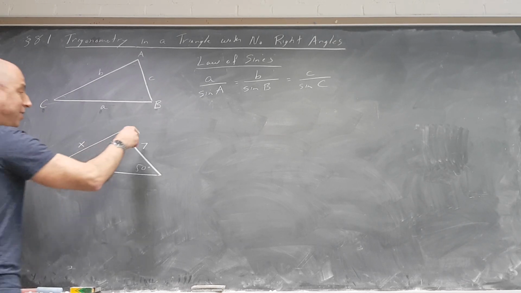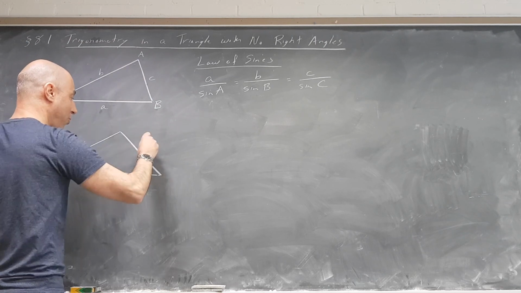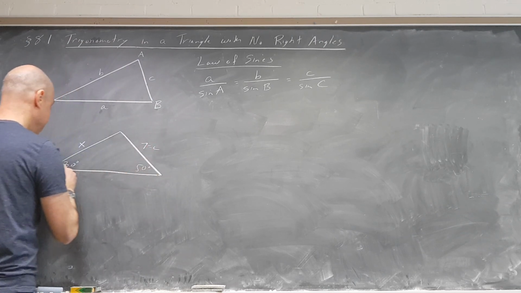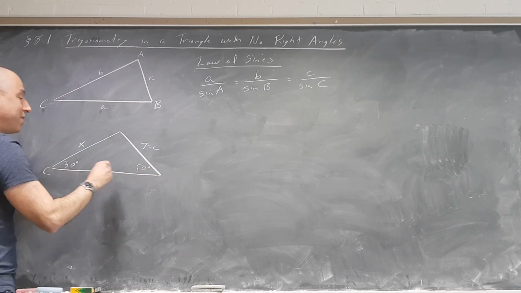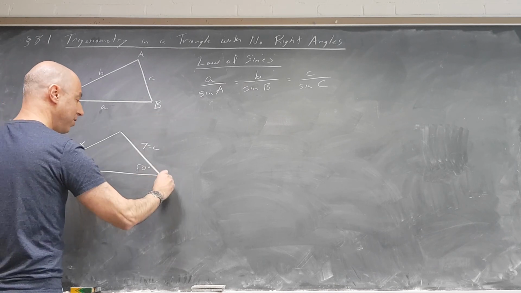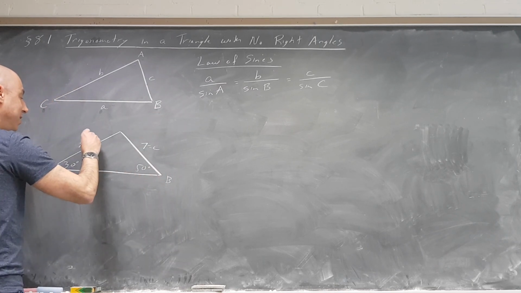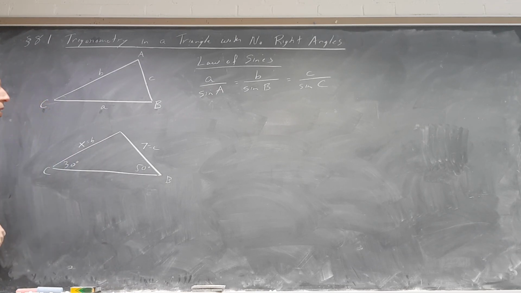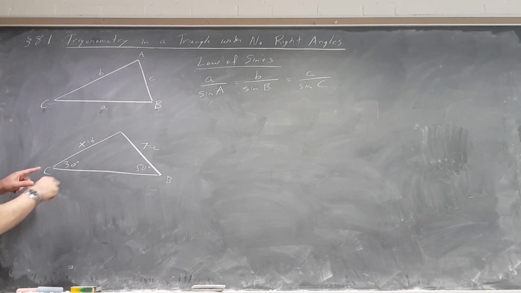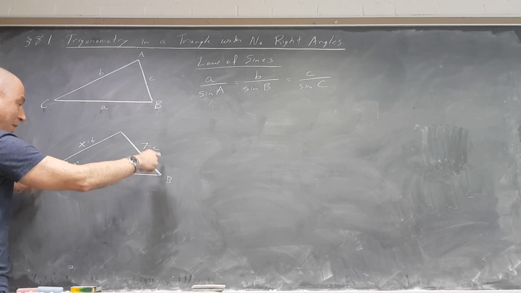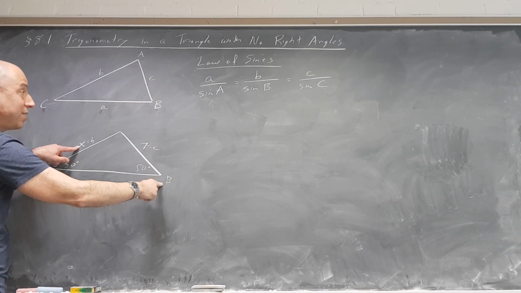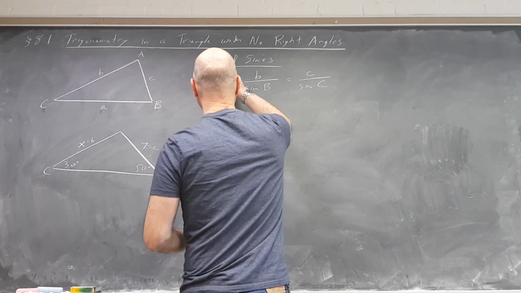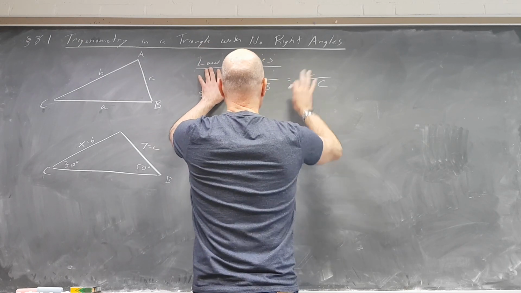So on my picture, if I make the correspondence, this is my capital C, this is, what did I write over here? This is B, and this is my lowercase b. So we know the stuff with the C's, and we want to know one of the things with the B's. So I can ignore this altogether. I'm just going to pay attention to the B's and the C's.